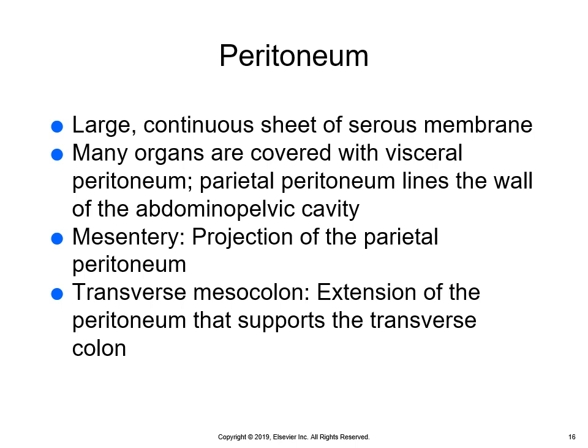So again, when we talk about the peritoneum, we can talk about it in terms of extraperitoneal and also retroperitoneal spaces. So extraperitoneal spaces are located outside of the parietal peritoneum, things like the kidneys, the adrenal glands, and also the ureters.